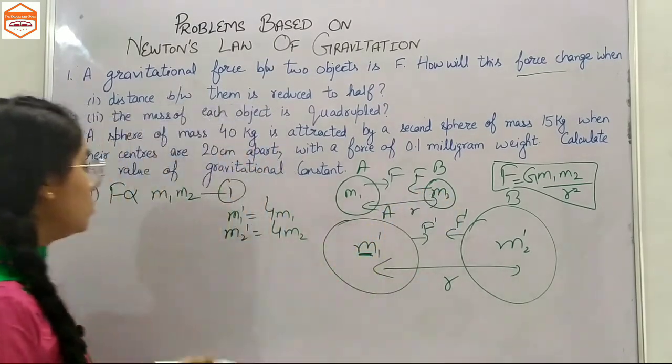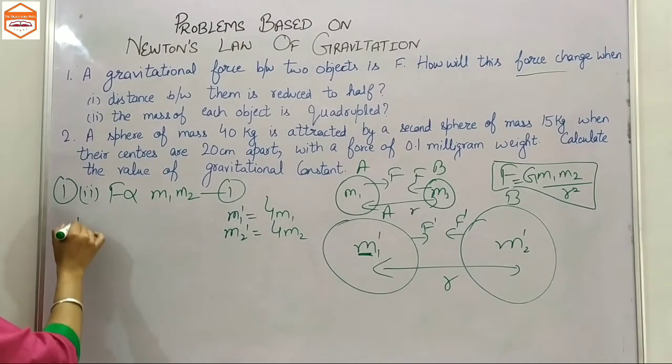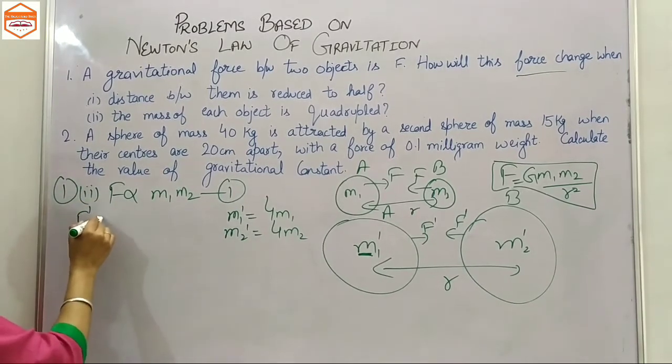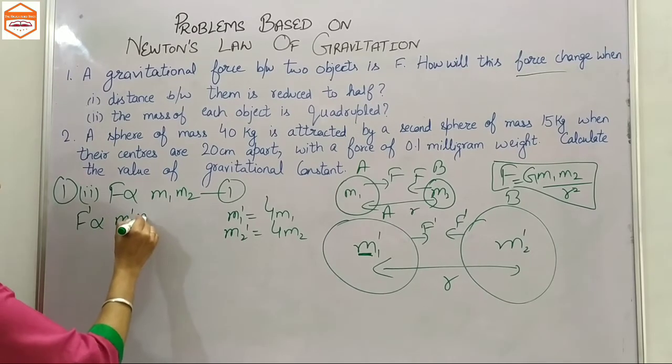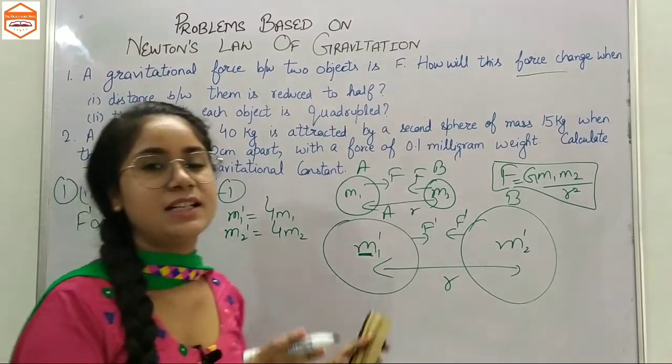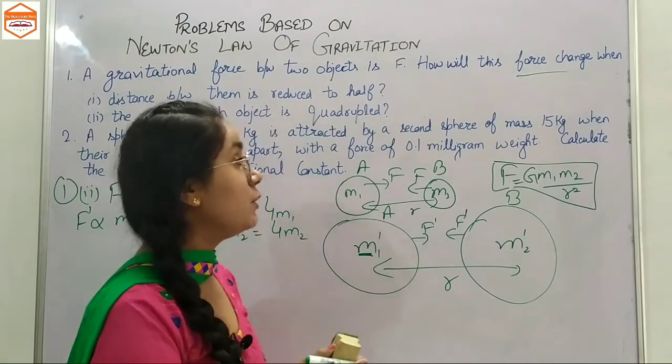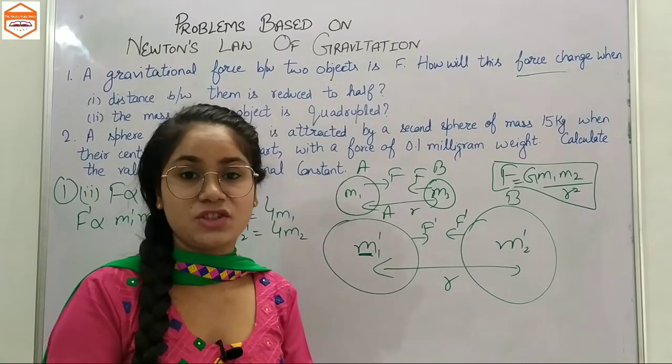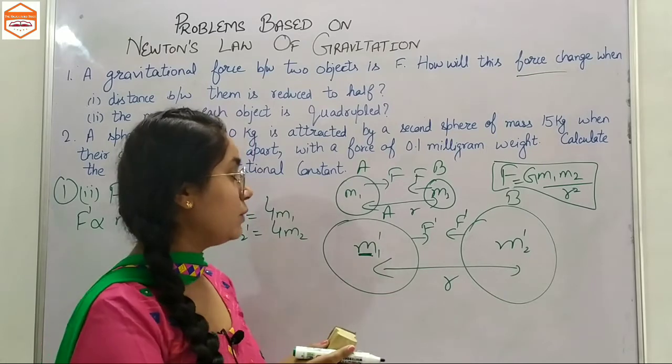Okay, so the new formula for the new masses would be F dash directly proportional to m1 dash times m2 dash. Now we are trying to find the change in force. So how we will find it?